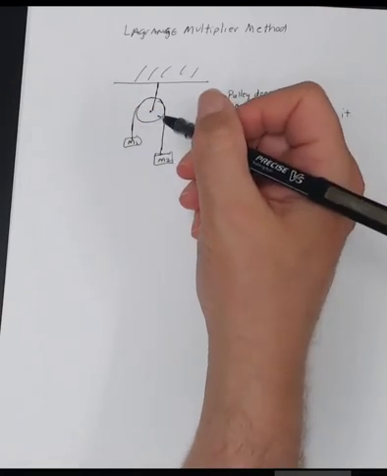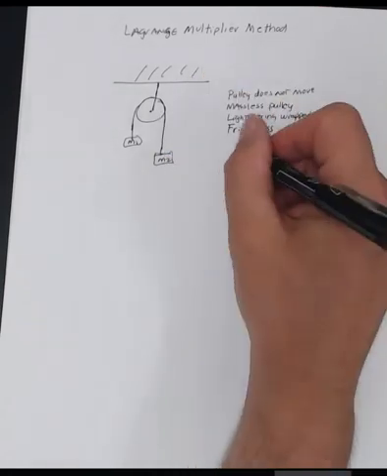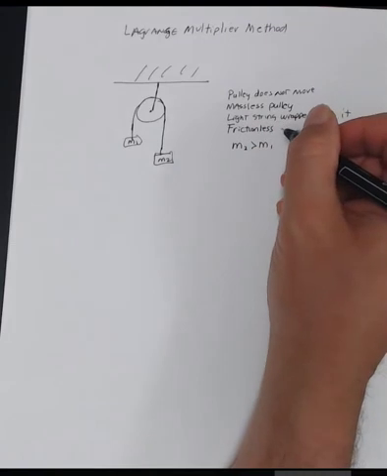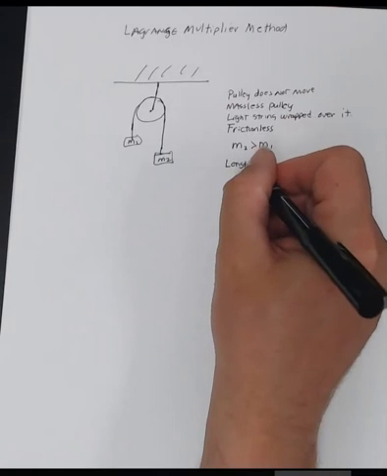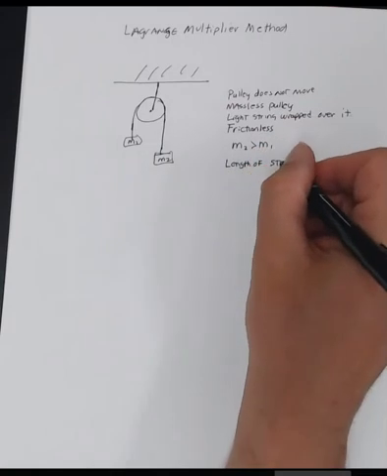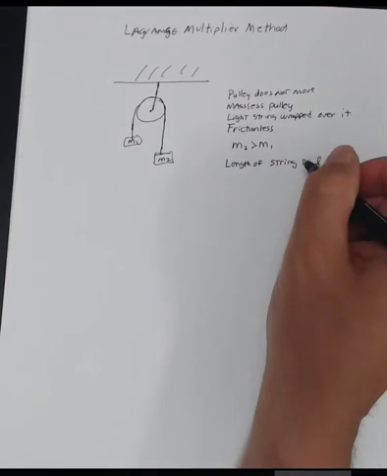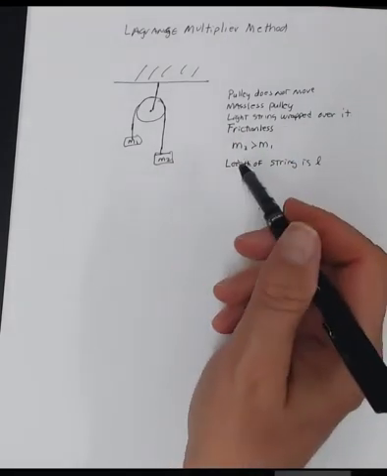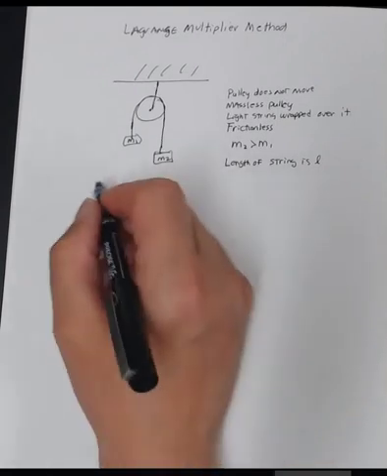And what else? Well, let's say that mass 2 is greater than mass 1. Now, the length of the string is L. So what I'd like to do is find the Lagrangian for this. I'm going to use the method of Lagrange multipliers, so I want to find Lagrange's equations for this.